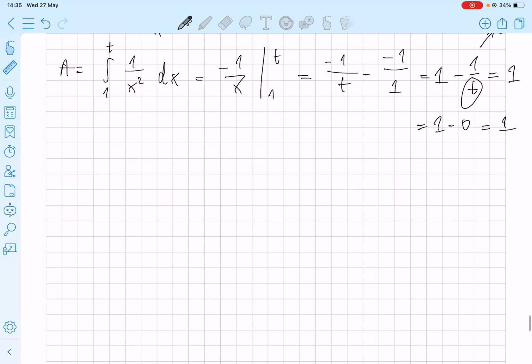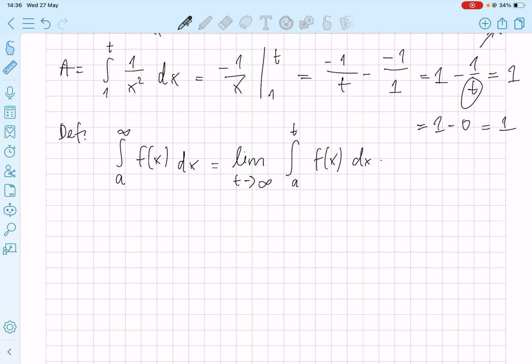So we will have a definition. If we have the integral from a to infinity of f(x) dx, it equals the limit as t approaches infinity of the integral from a to t of f(x) dx.